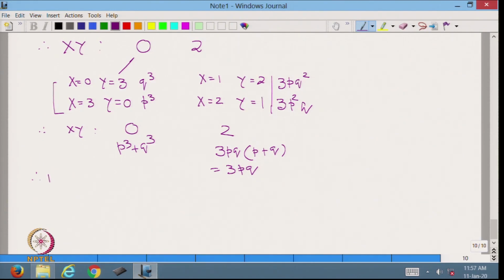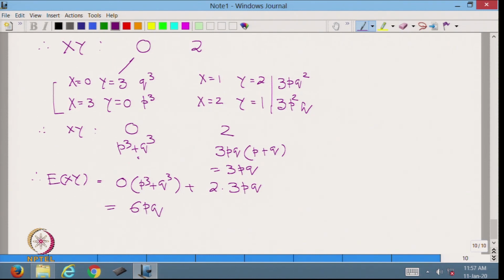Therefore, expected value of xy is equal to 0 times (p cube plus q cube) plus 2 times 3 p q, which is equal to 6 p q.